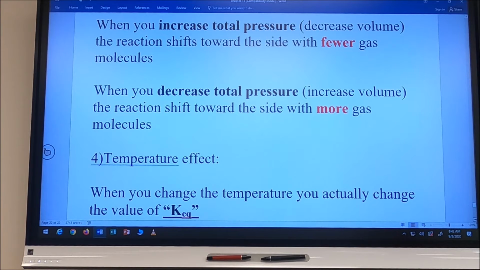When you decrease the total pressure, you've done that by increasing the volume, and the reaction shifts toward the side with more gas molecules. Okay? So we're going to look at problem 15.15 in the book.